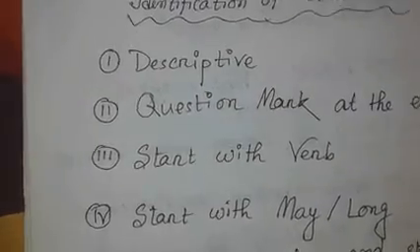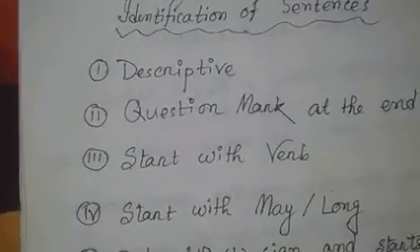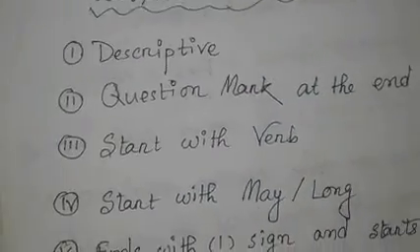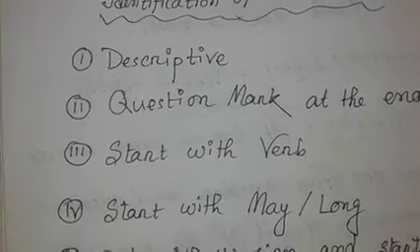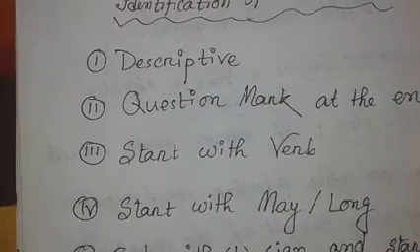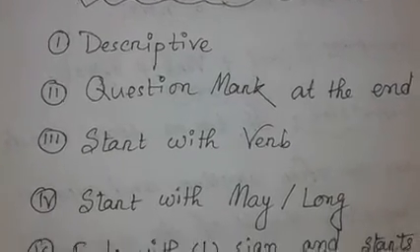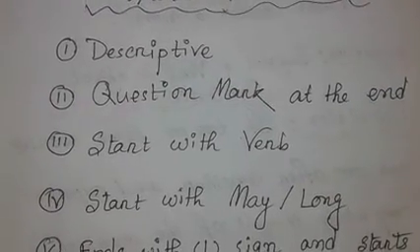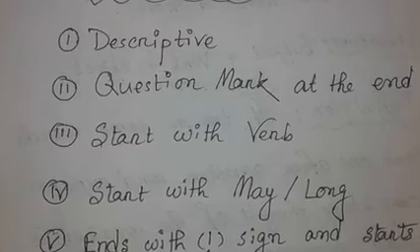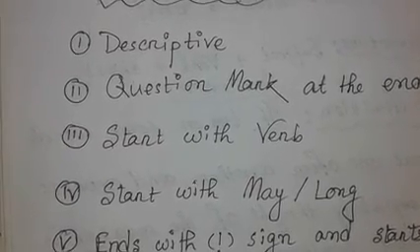Number 2, interrogative sentence. Dear students, you know very well that interrogative means the sentence possesses a note of interrogation, that is, a question mark at the end. If any sentence has a question mark at the end, it must be an interrogative sentence.